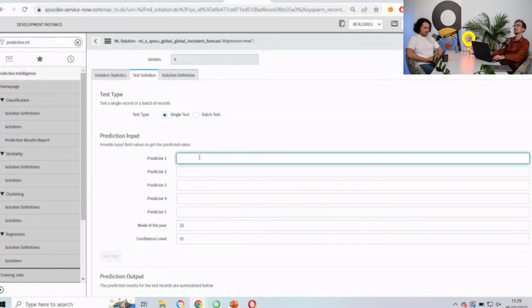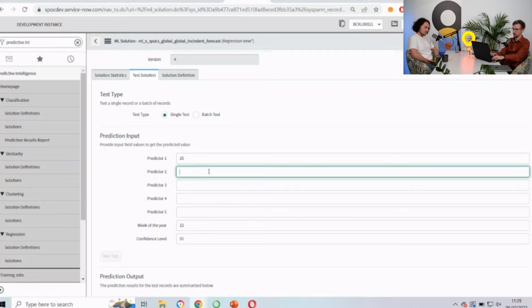So we need to provide values for different points in time: last week, two weeks ago, three and four weeks ago, and also what happened exactly one year ago. Let's say that in the middle of this year there were around 25 incidents, and in the week before that, 33.